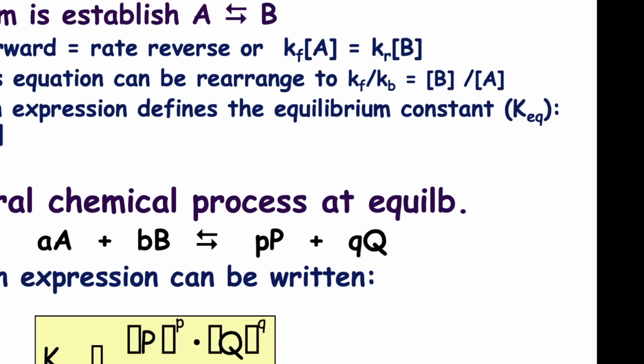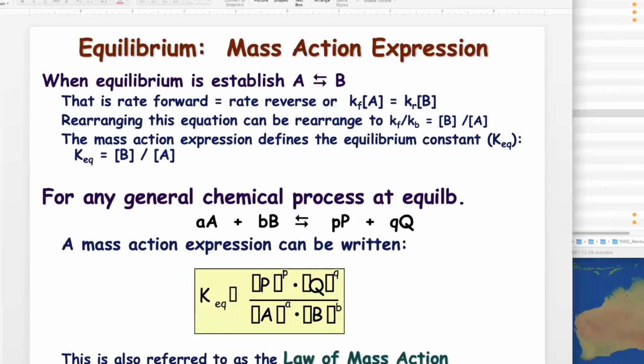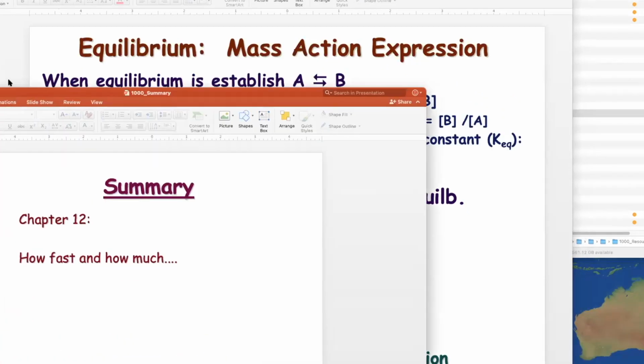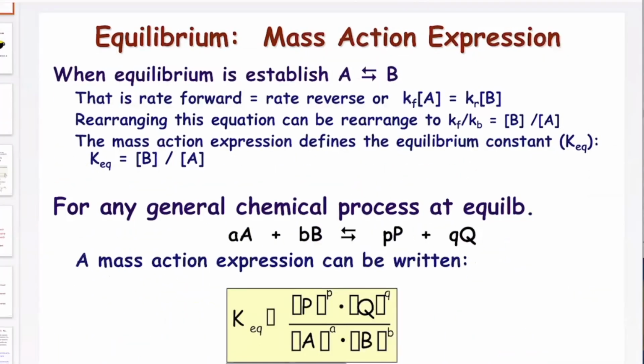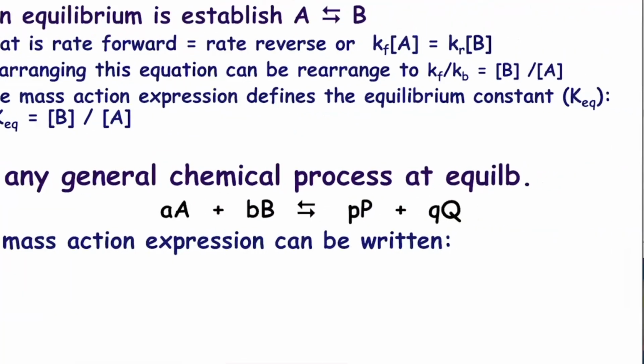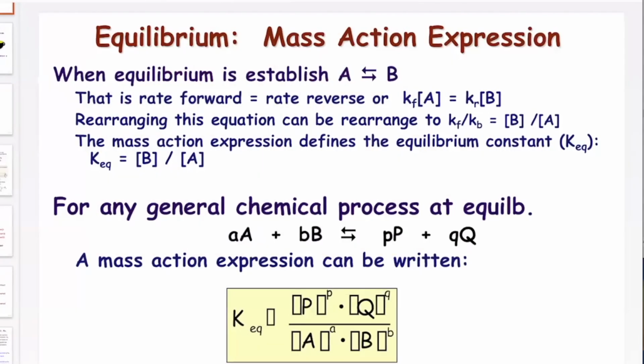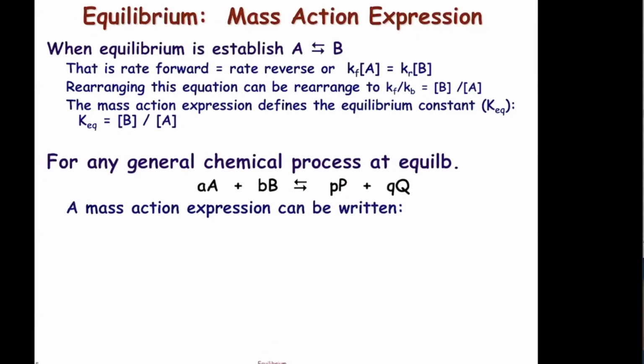The way you do that is, if we have this reaction, then K equilibrium is going to be the products divided by the reactants.